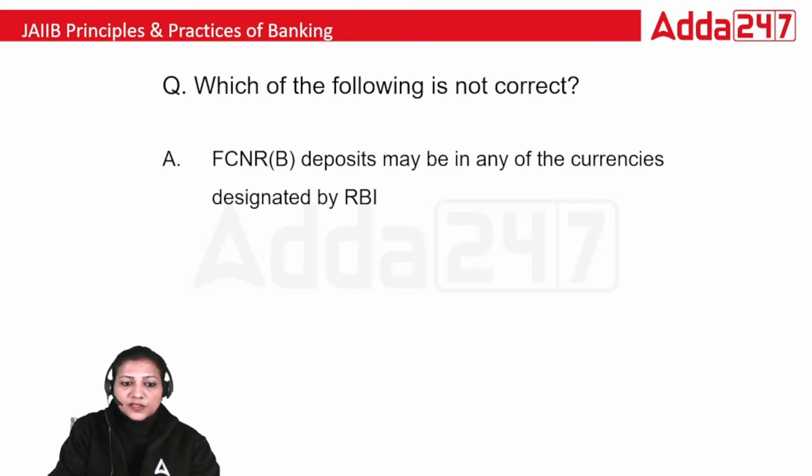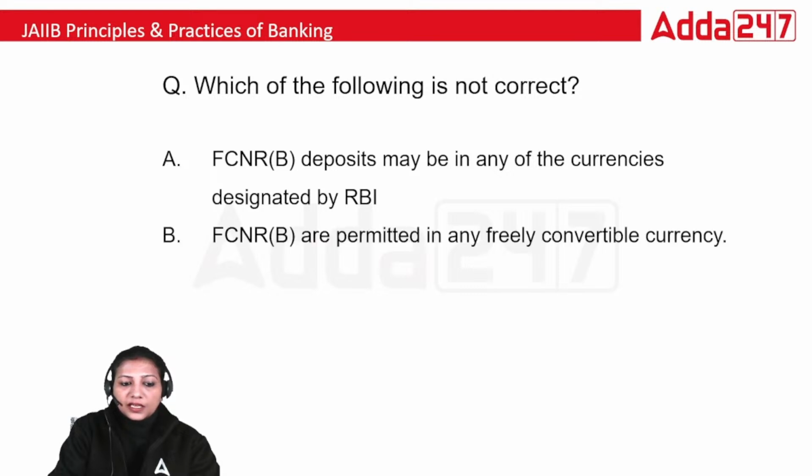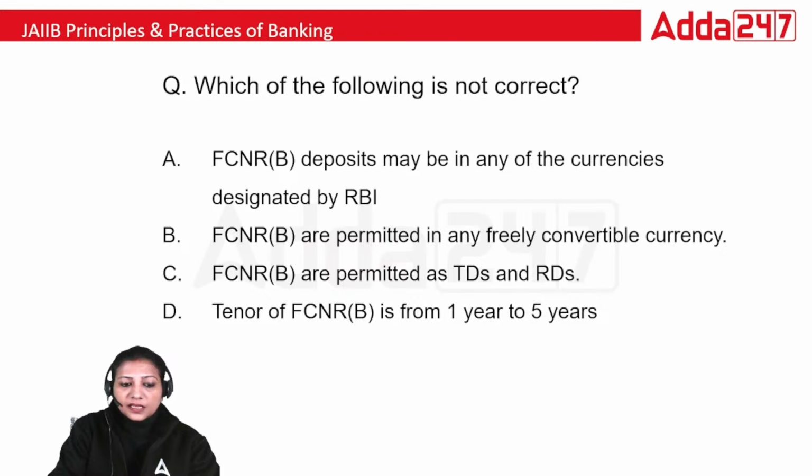Which of the following is not correct? FCNRB deposit may be in any of the currencies designated by RBI. FCNRB is permitted in any freely convertible currency. FCNRB is permitted as TDs and RDs. Tenor of FCNRB is from 1 year to 5 years. So which of the following statements is not correct?